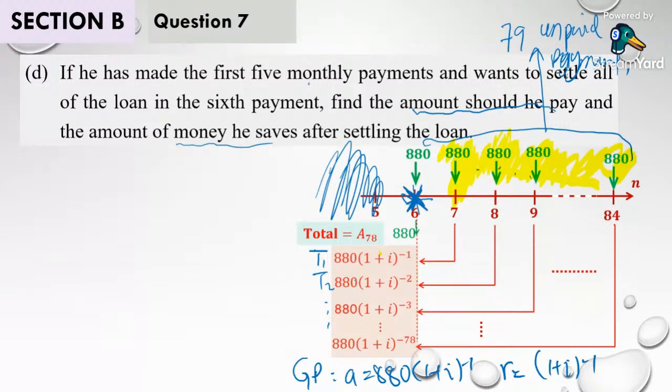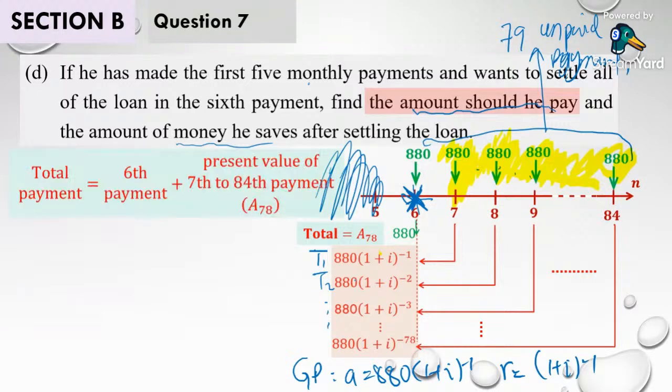But your answer again is not A_78 because don't forget there's one more current payment that we need to consider. So this is what is going on in the total payment that we should consider for the calculation. The amount that he should pay is the current payment, the payment that is due, the 6th payment, plus the present value of the 7th until 84th payments, which is simplified as A_78 because there are a total of 78 payments there. And these 78 payments are payments in the future.